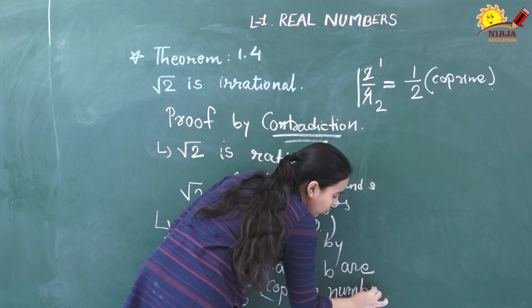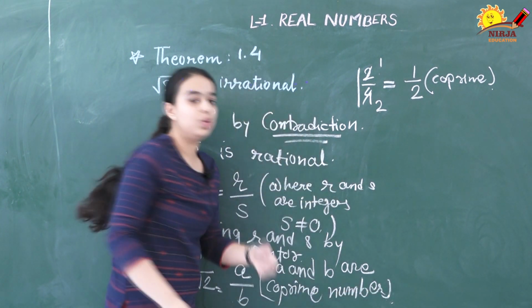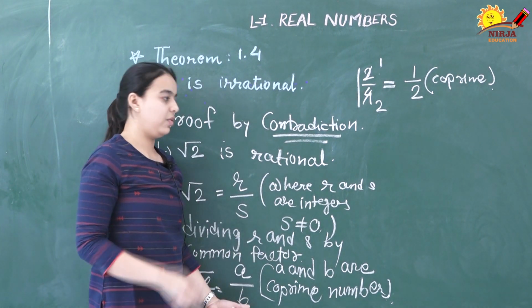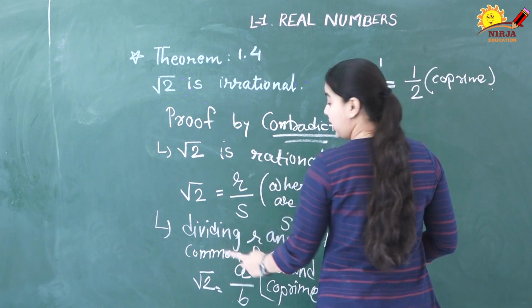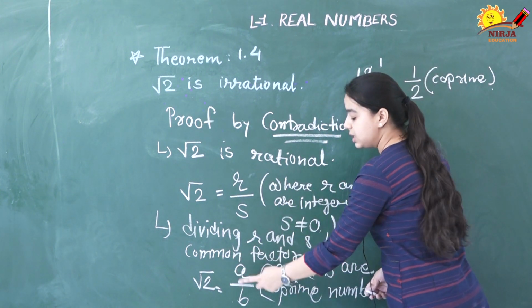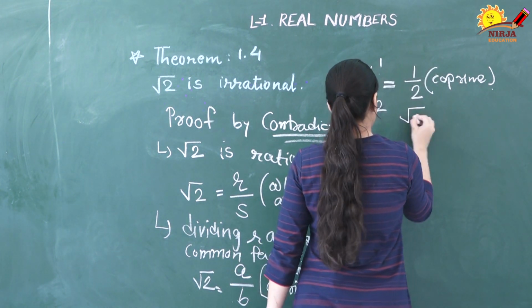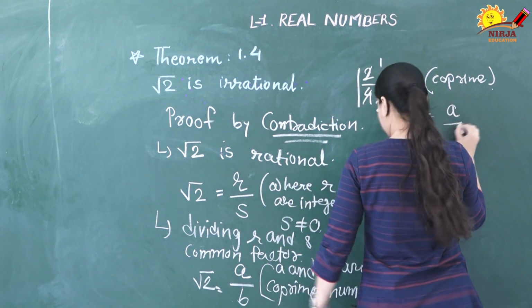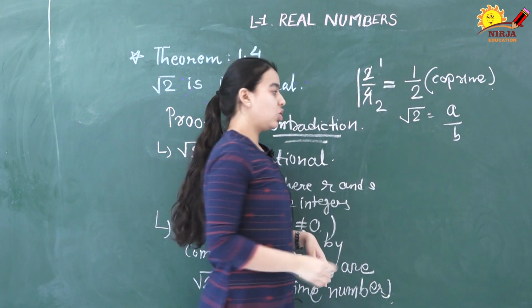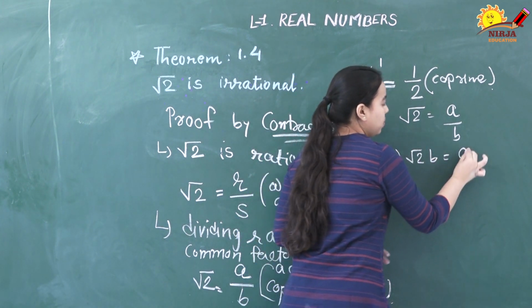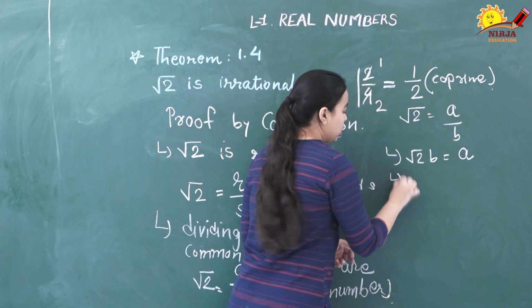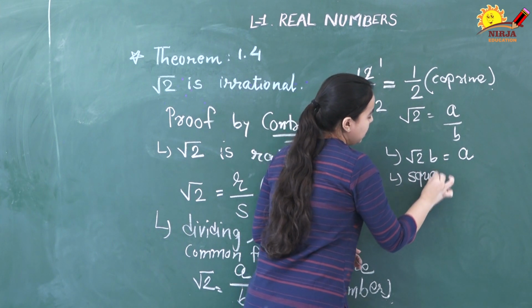numbers. Co-prime numbers have no common factor other than 1. Let us proceed further. Here at last I am getting under root 2 is equal to a by b, which I am writing over here. Solving further, I get under root 2 times b is equal to a. Now I am squaring both sides.